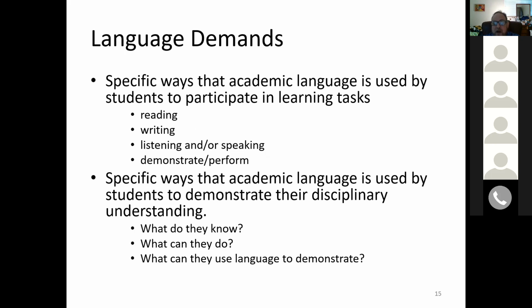What do they know? What can they do? What can they use language to demonstrate? So that takes us back to our math example where the student had to use words like mean, median, mode, and decreased in such a way as to describe the answer to the problem.